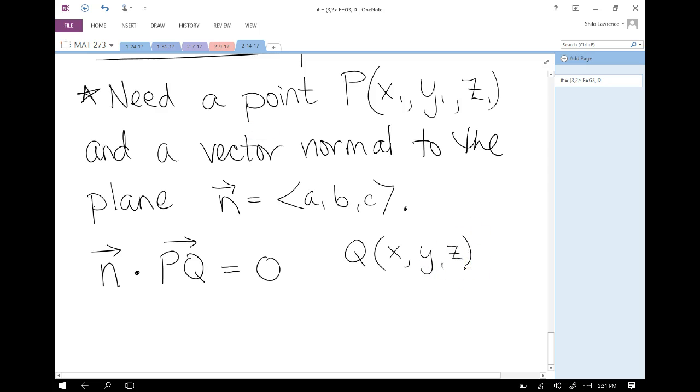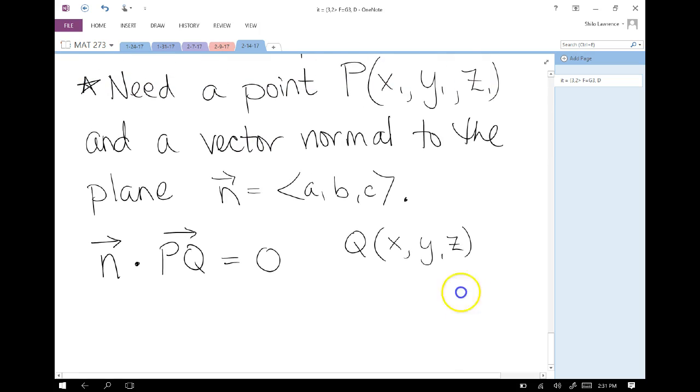Q is just our arbitrary XYZ. So the plane is represented by the dot product between the normal vector and the vector PQ, where Q is an arbitrary XYZ and P is a point in the plane. Every time that dot product comes out to be 0, we have the equation for our plane.